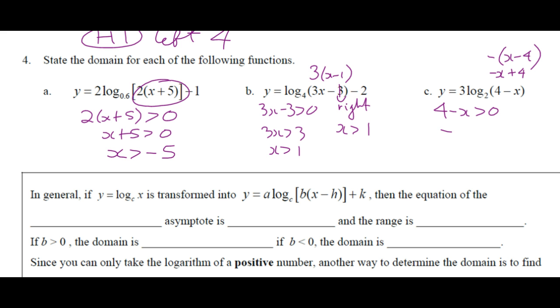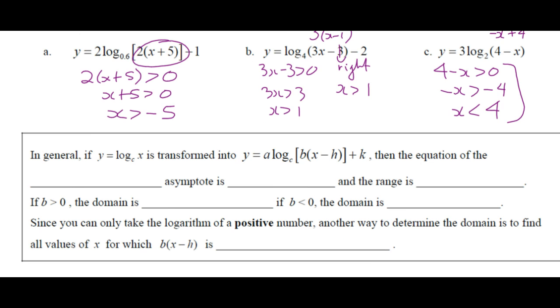So you say negative x is greater than -4, or x is less than 4. Okay? That's probably the easier way. Otherwise, you're looking at this and saying, well, x minus 4, but then it's reflected, so x is less than 4. I like this, it's easier, I don't have to think about it. Just say, hey, this has to be greater than 0.